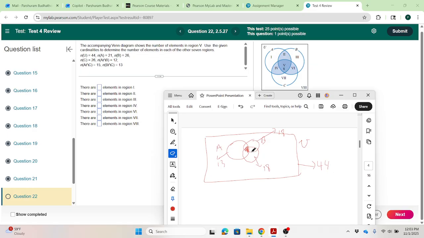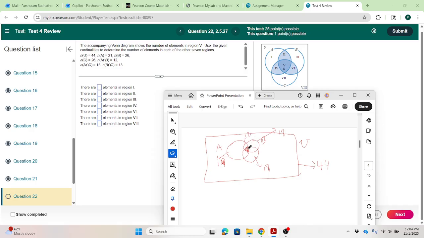But there are commons between A and B. A intersection B is supposed to be 12, so out of this 13, 12 goes here and the only leftover is 1. A intersection B is 12, and A intersection C is 15.